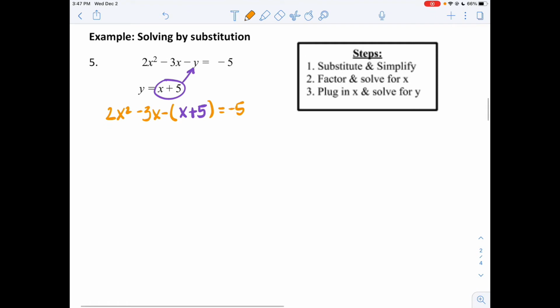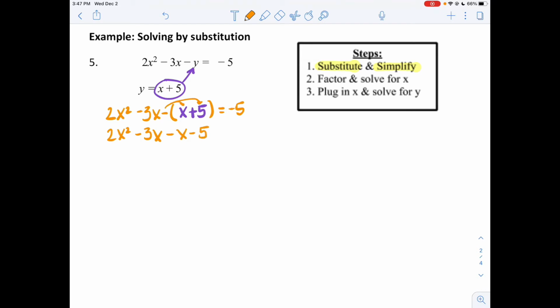All right, now we just need to simplify. We've substituted, which was our step number 1 right here, and now we're going to simplify. So let's go ahead and say 2x squared minus 3x. I want to distribute the negative, so I'll say minus x and minus 5.